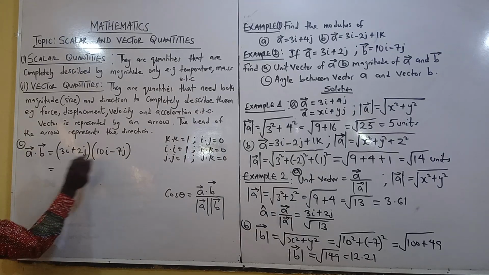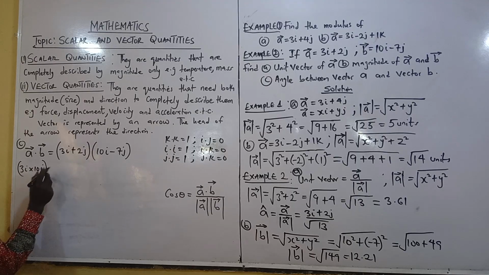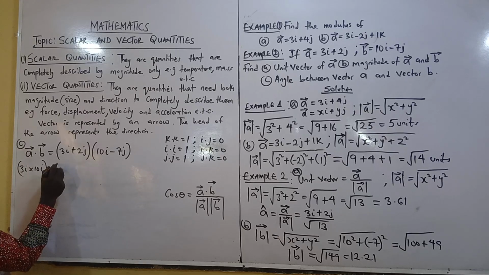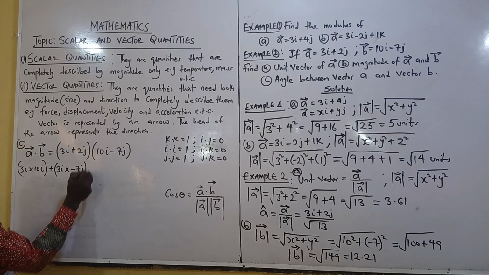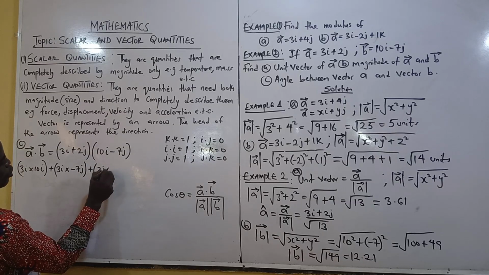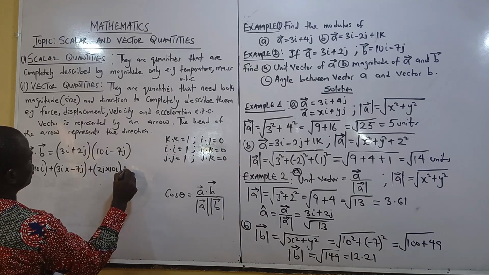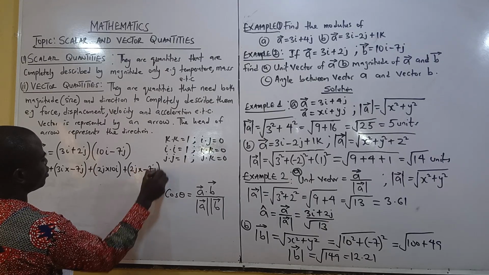Let's multiply it. 3i multiplied by 10i, plus 3i multiplied by minus 7j, plus 2j multiplied by 10i, plus 2j multiplied by minus 7j.